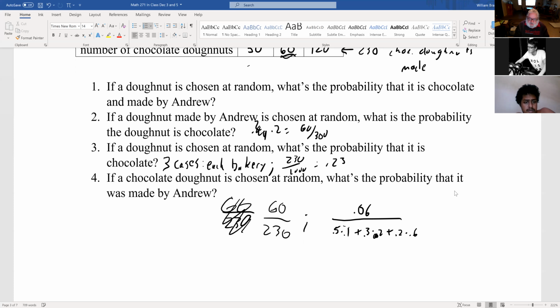So that's the three cases that we have there. If you add those up, it becomes 0.23.